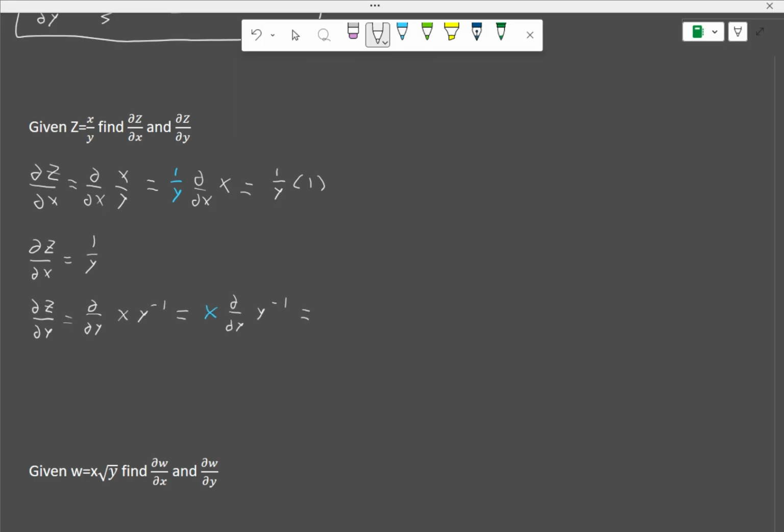And just using the power rule from before, we get x times negative 1 times y to the negative 1 minus 1. And this can be rewritten as negative x y to the negative 2, and that can just be rewritten as negative x over y squared.